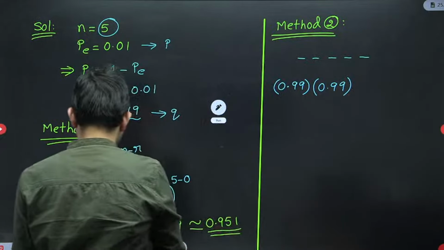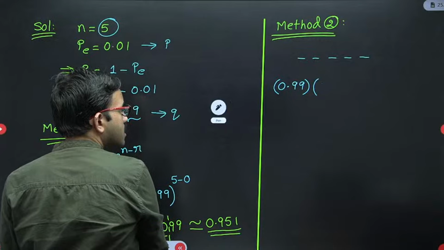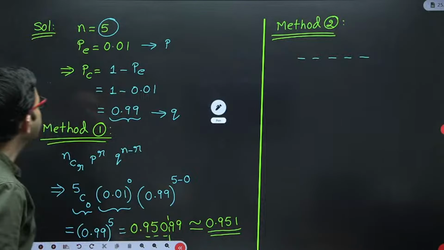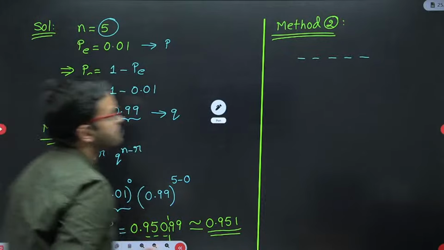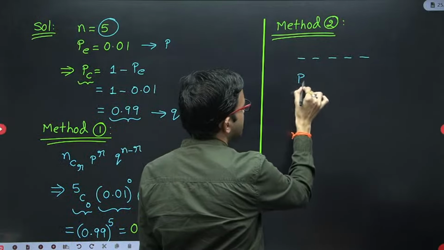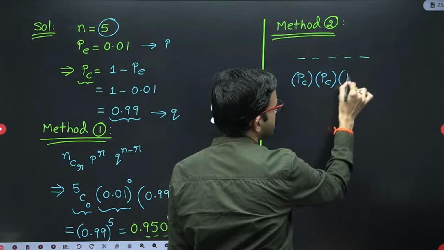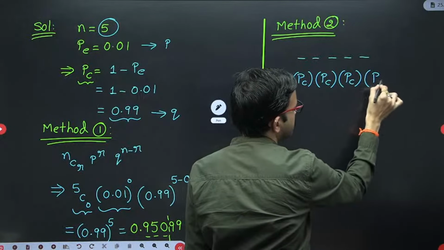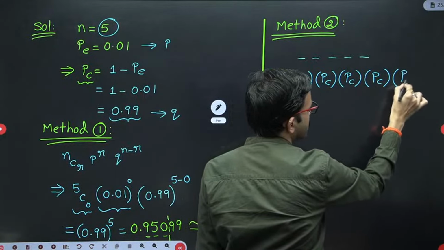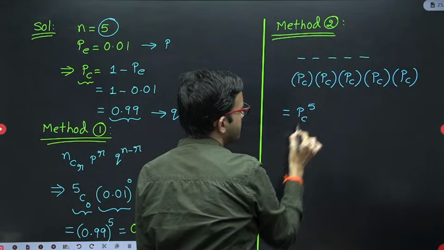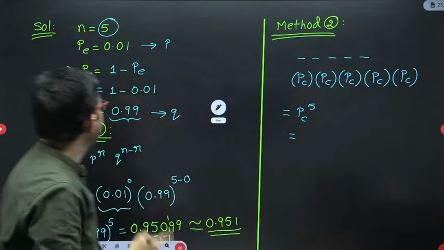For the time being, instead of writing that many numbers many times, I'm just putting in simple words like PC, multiplying 5 times. Now this one we can write as PC power 5, where PC is nothing but 0.99.